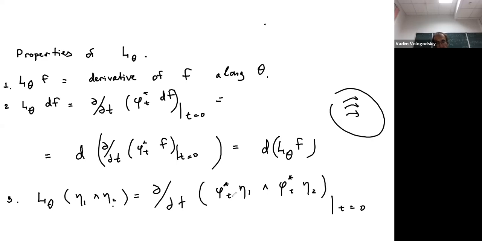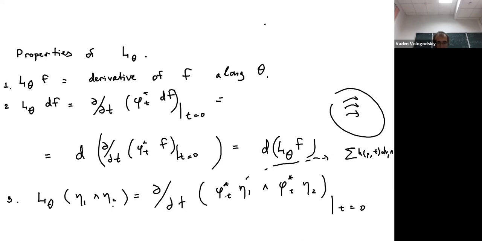So you can think of this form as a sum of h(p,t) dx_{i1} wedge, and so on. The coefficients depend on t.